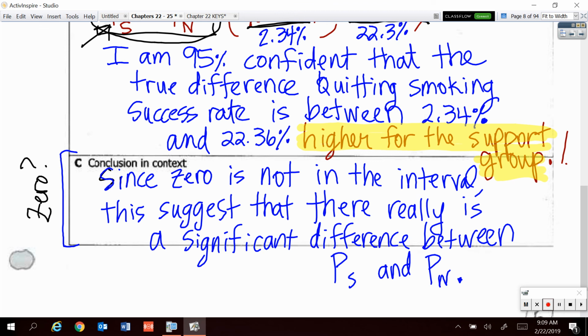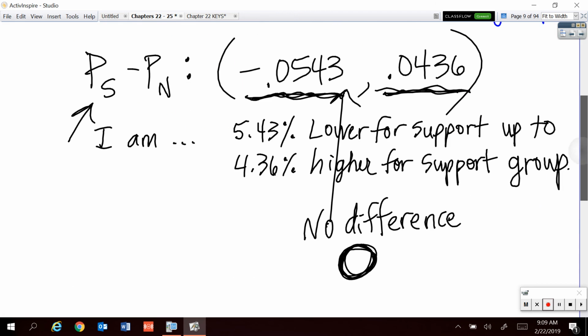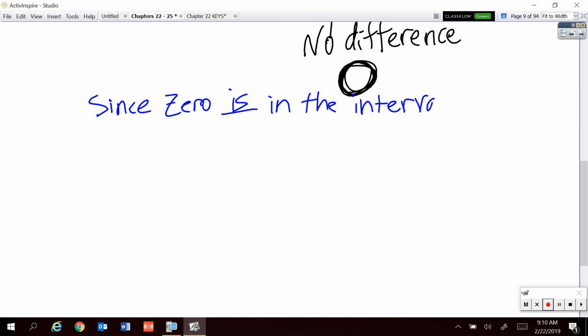So what type of sentence might we say if there is a 0 in there? We could say, since 0 is in the interval, then what do you think we could say? 0 is in the interval.